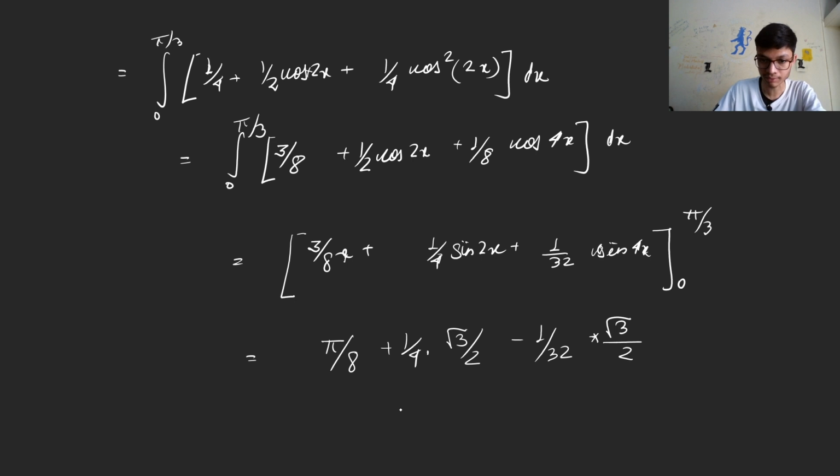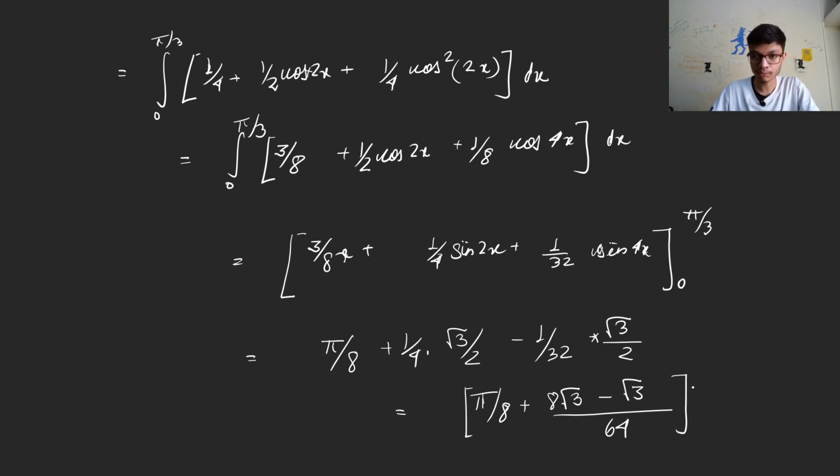So that's the result I was getting. And if you simplify this further, it becomes pi by 8 plus 8 root 3 minus root 3 by 64, that is basically 7 root 3 by 64. So that is the answer I was getting.